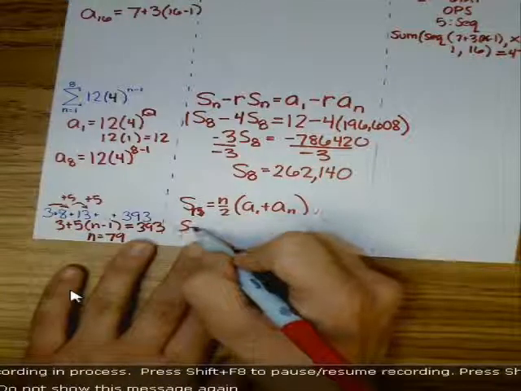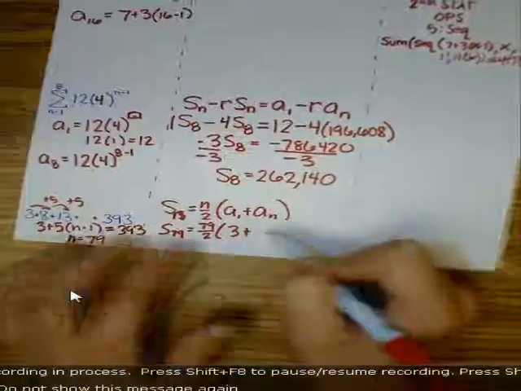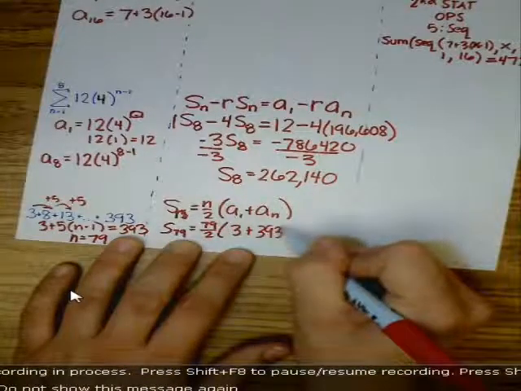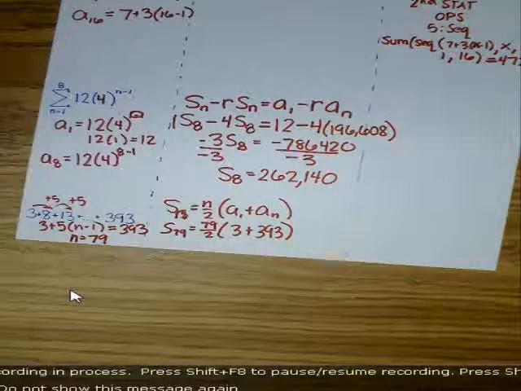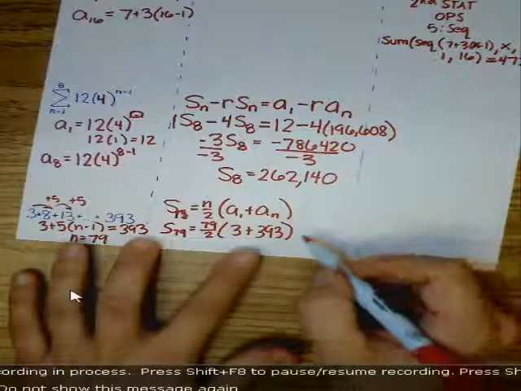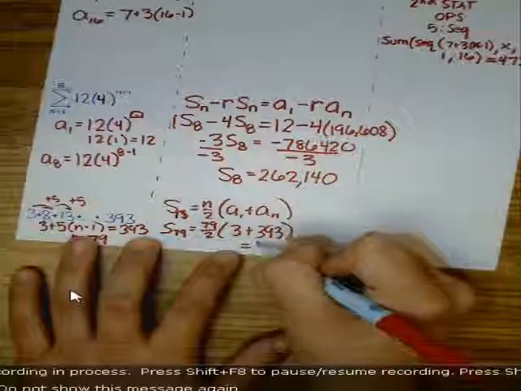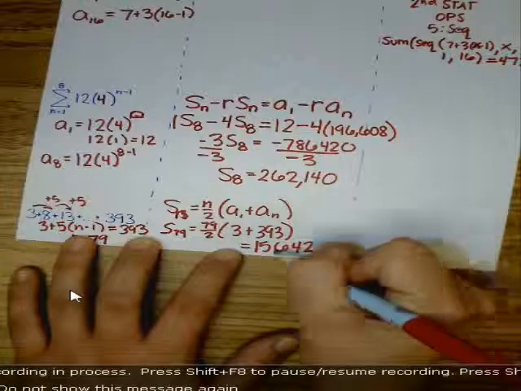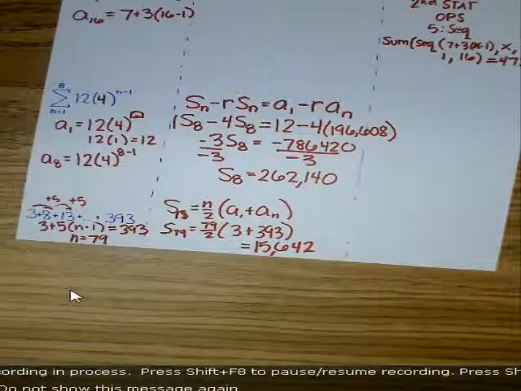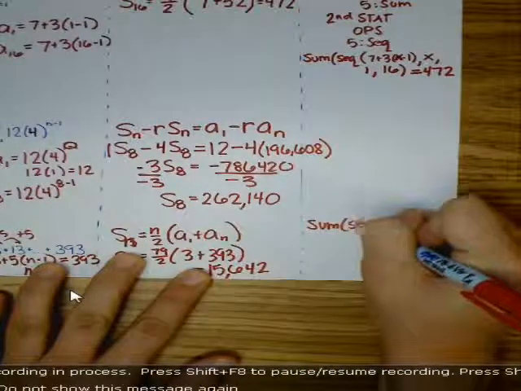So the sum of 79 terms is 79 divided by 2, first term of 3, last term of 393. So we get a total of 15,642.